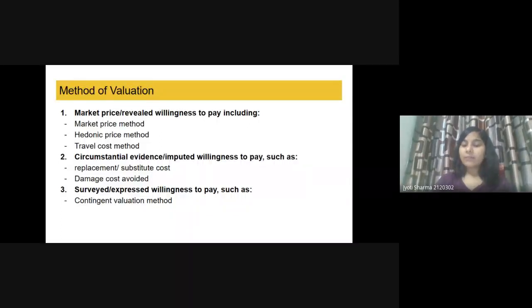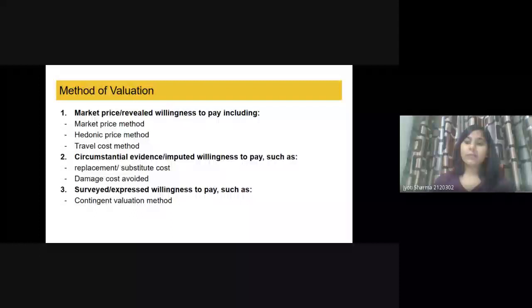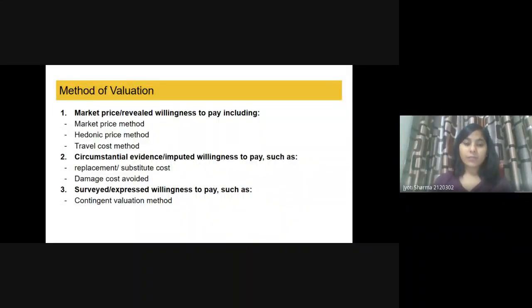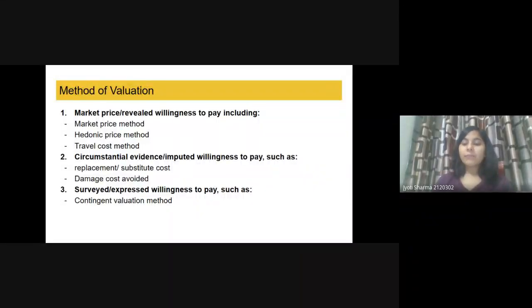Then the travel cost method: whenever there is something to see inside the forest, you have to travel, and whatever the cost of the travel and the tourism, you have to pay. So this is the travel cost method. Then the circumstantial evidence methods, replacement and damage cost avoided. Replacement means if you are replacing, how much compensation you have to give.